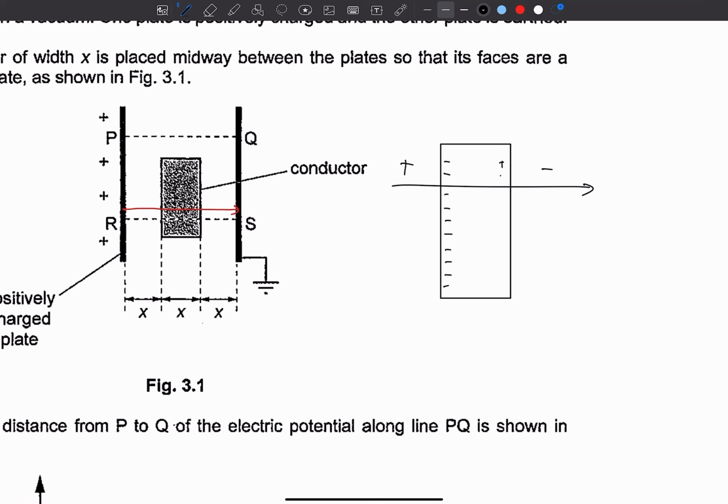And so the right side will be more positive. So there's an E field going to the left. There is also an E field going to the right, as shown here.